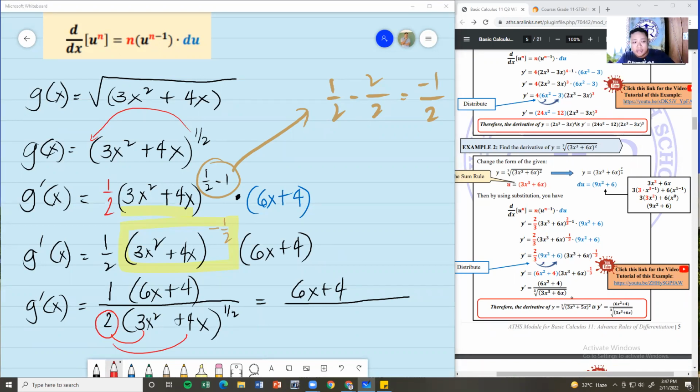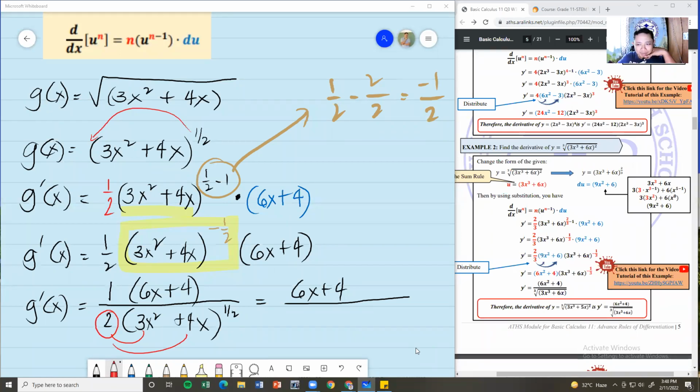Can we distribute 2 to these terms inside this parenthesis? Let me see your answers.